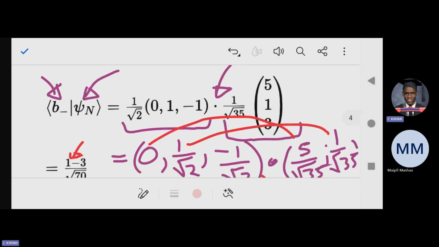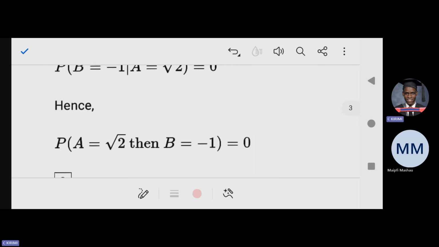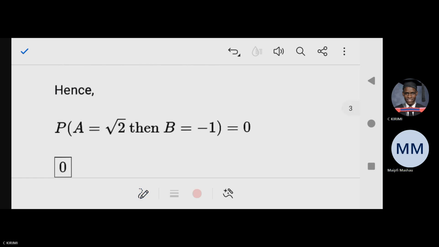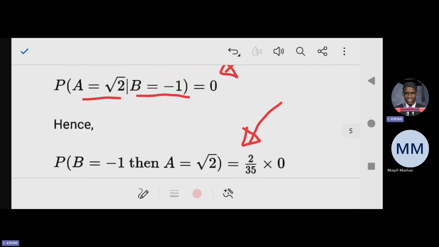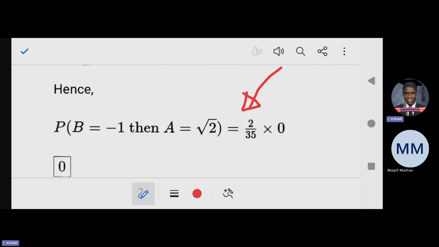If you still remember, we found the probability here to be 0. Then we multiply by the probability where our B is -1, which was root of 35, times 0. So this gives us 0, and the final probability is 0.